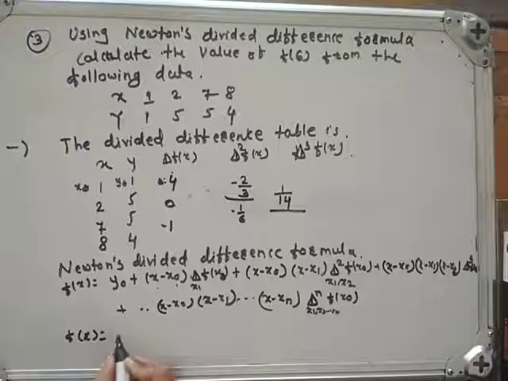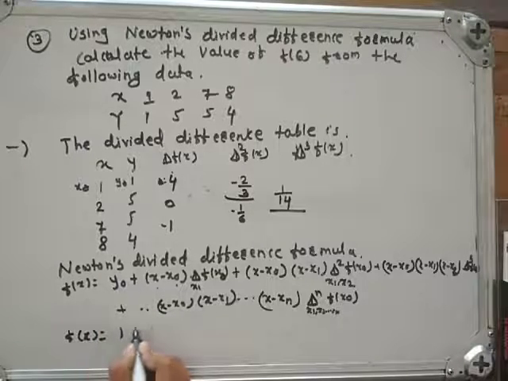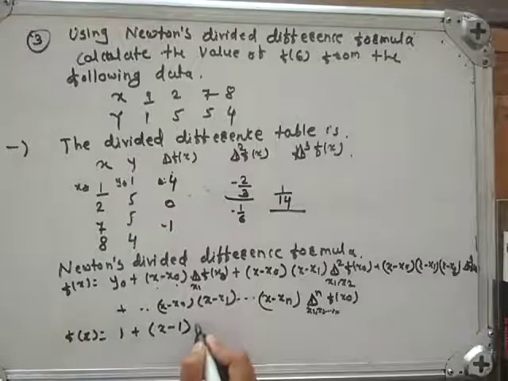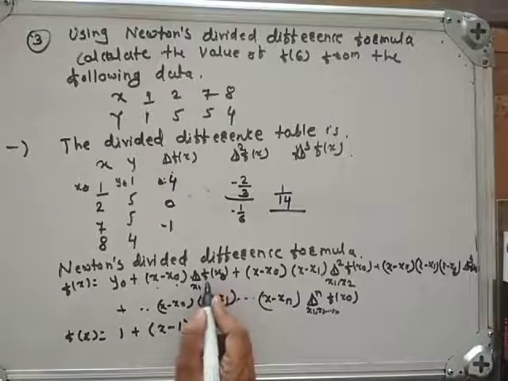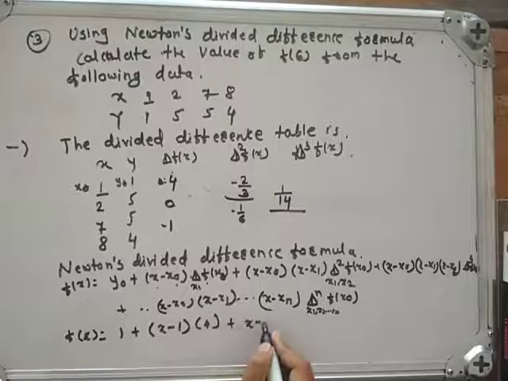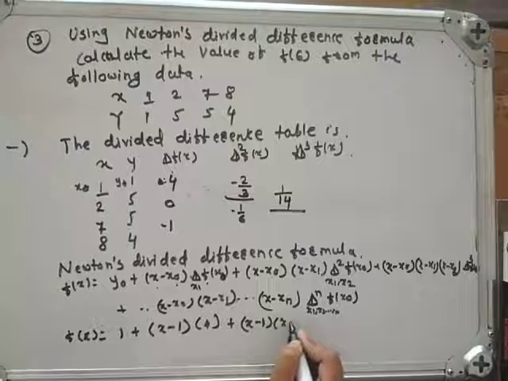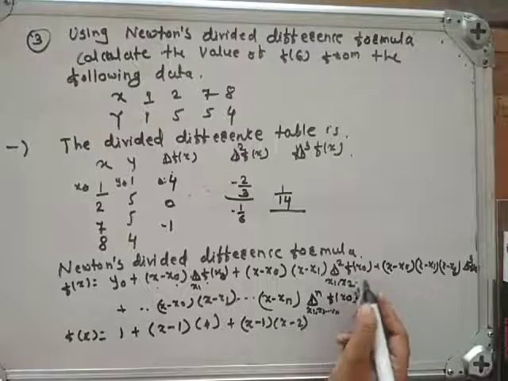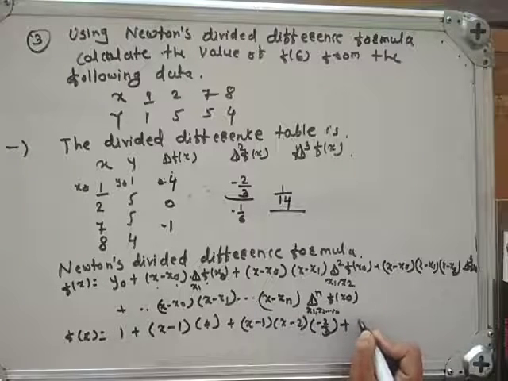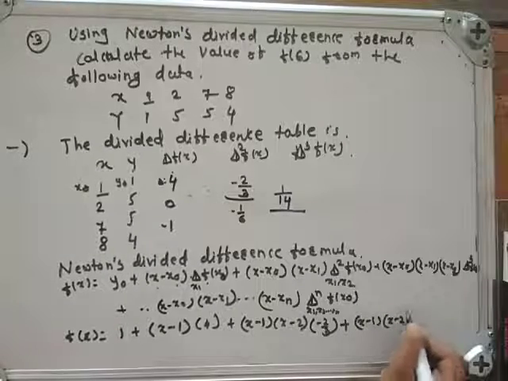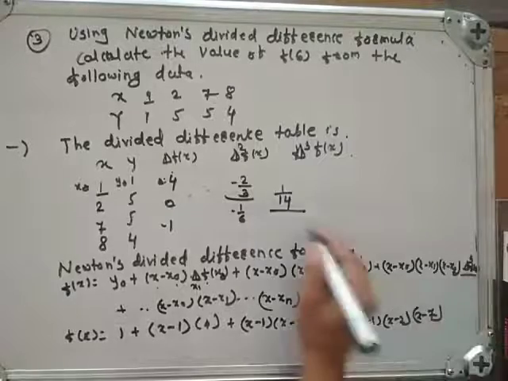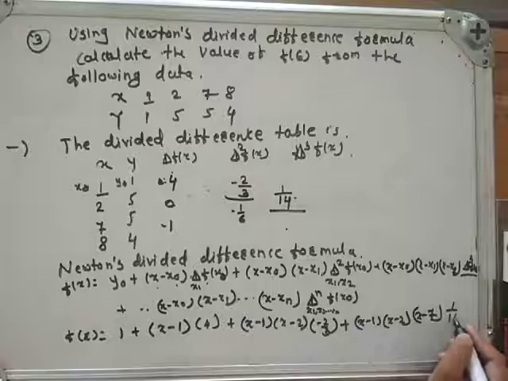So put all these values, you will get here y0 is 1 plus x minus x0 is 1 into the first divided difference, here 4, okay, plus x minus x0 is 1 into x minus x1 is 2 into the second divided difference minus 2 by 3, plus x minus x0, x minus 1, x minus 2 into x minus x2, x minus 7 into the third divided difference 1 by 40. Okay.